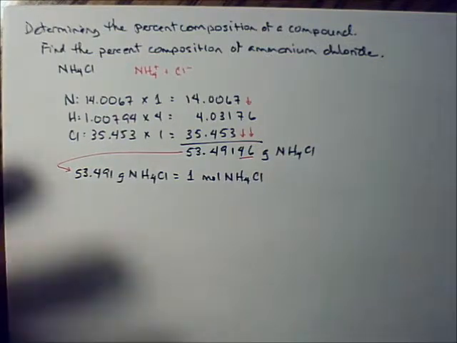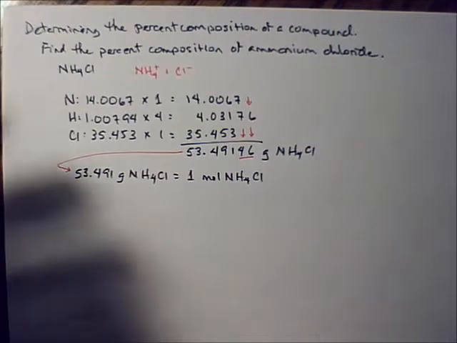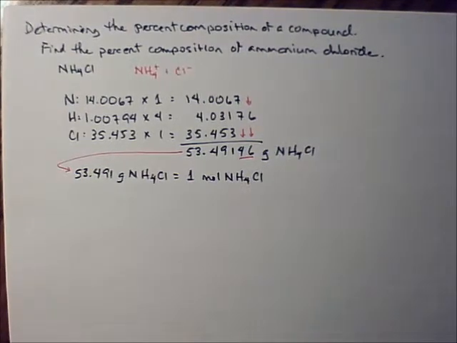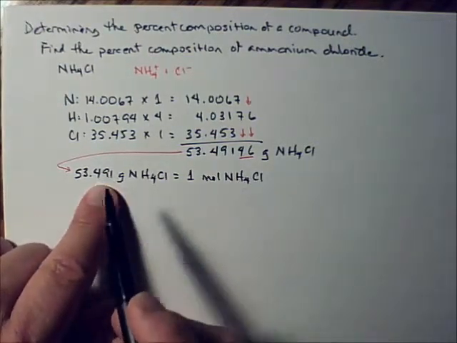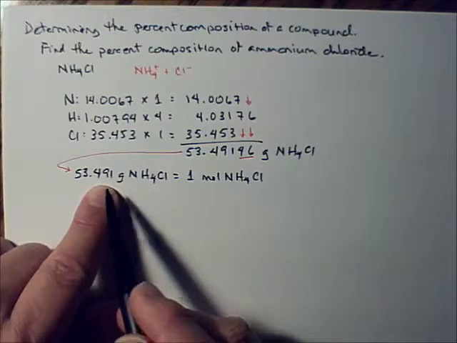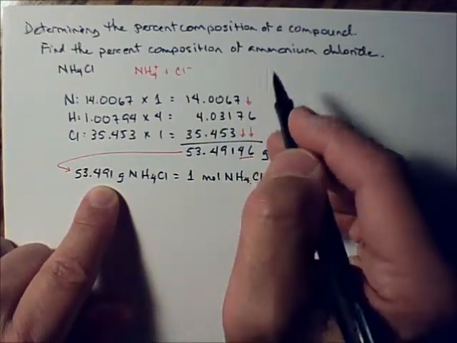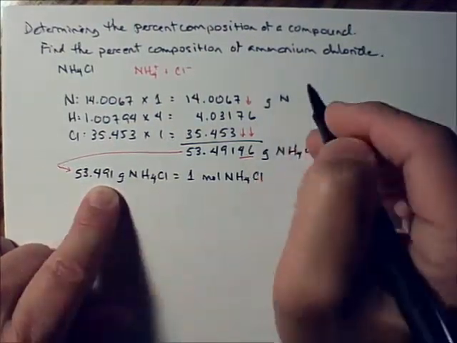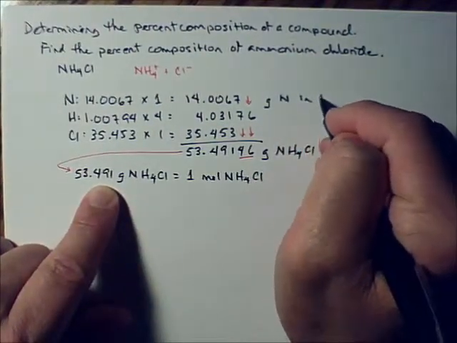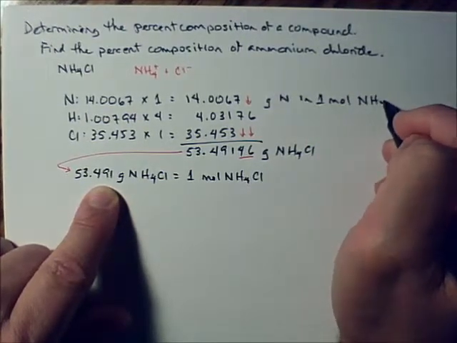So, listen. This is what you need to understand. Remember, all percentages are parts over whole, right? In 1 mole of ammonium chloride, the part of this mass made up of nitrogen is this right here. Does that make sense? So this happens to be the grams of nitrogen in 1 mole of ammonium chloride.